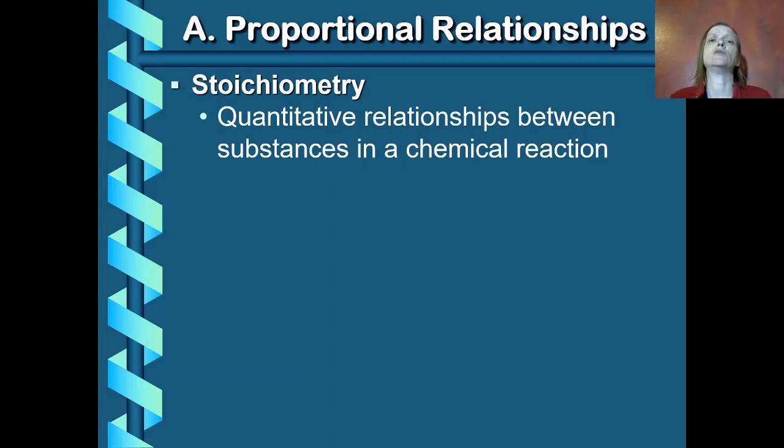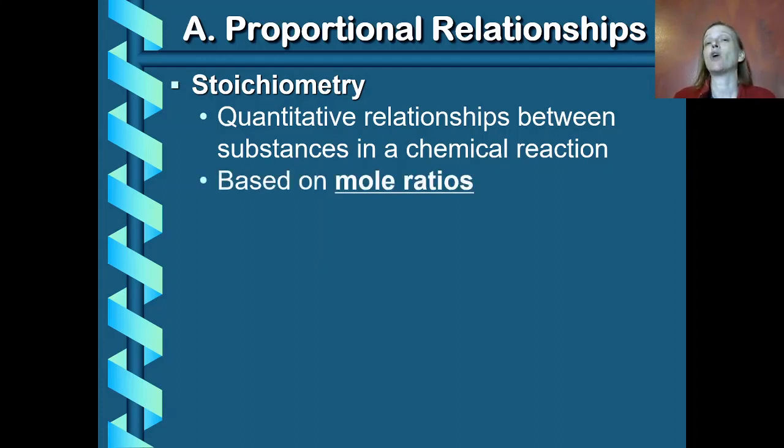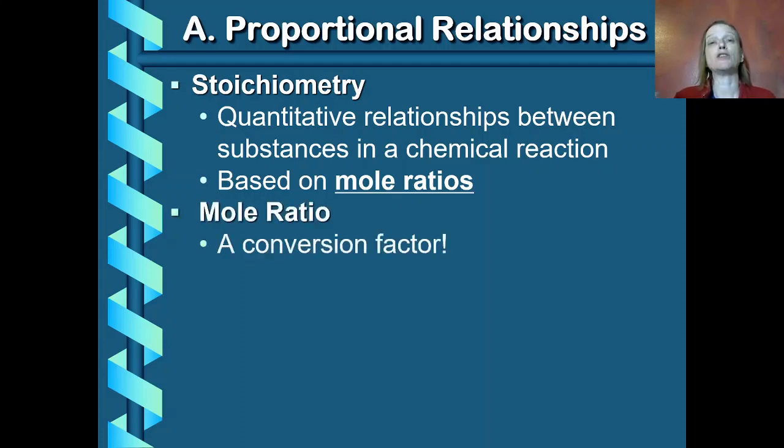Stoichiometry is using quantitative relationships between substances in your balanced chemical reaction, and it's always based on mole ratios, those coefficients that you wrote in the front of the substances in your balanced chemical equation.